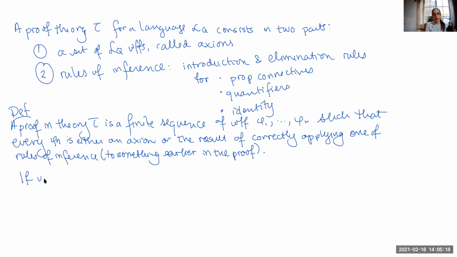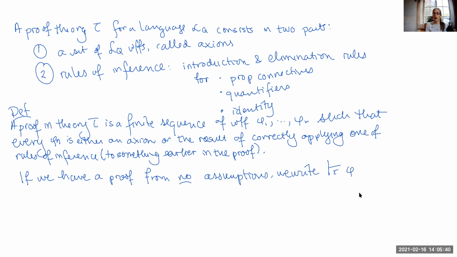So if we have a proof from no assumptions, the notation for that is this single turnstile. We'll annotate it with T to say it's a proof in theory T, and then you write phi after that.